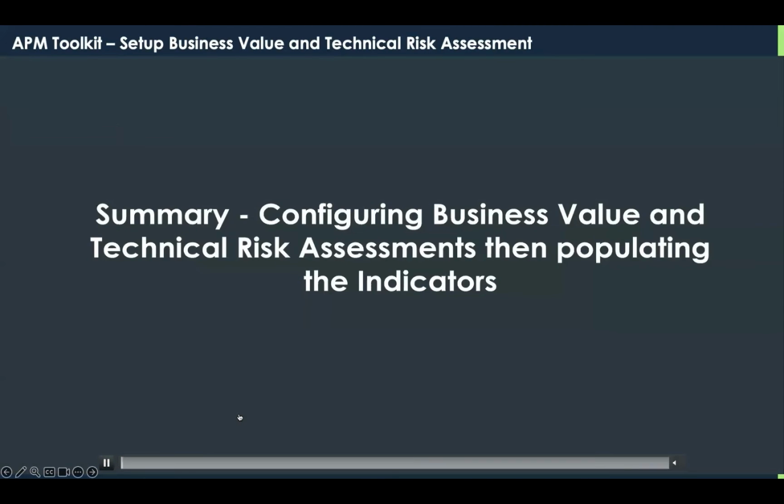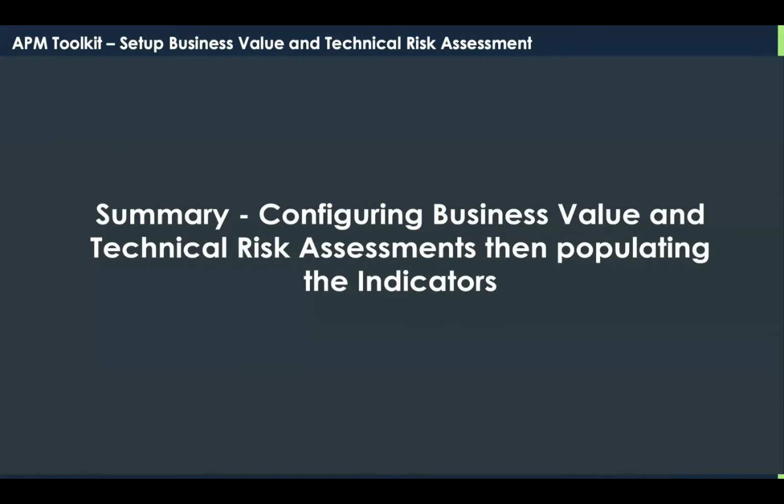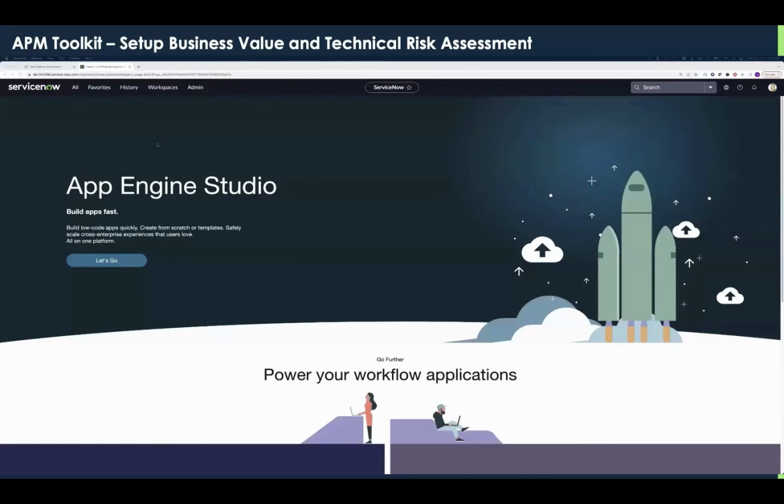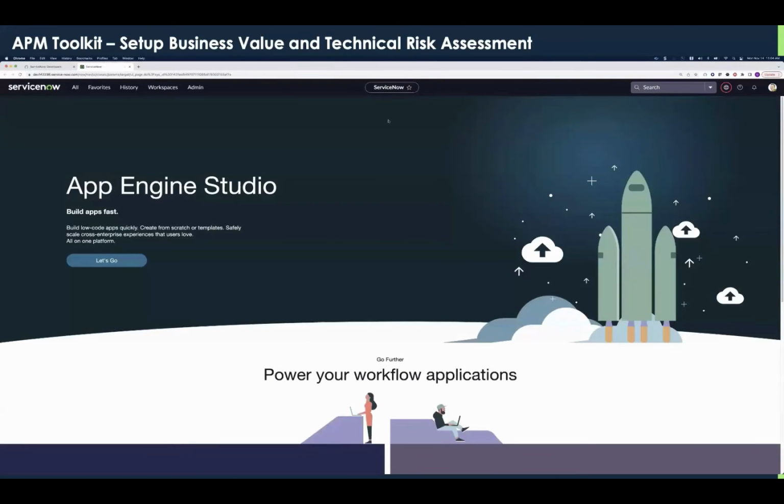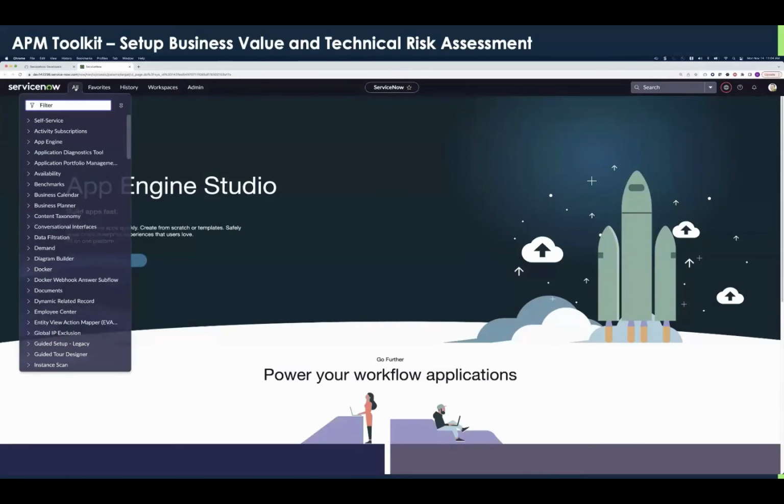So the out-of-the-box assessments have one question on them and it doesn't do much. It's meant to be configured. On your toolkit, you'll find a paper that gives you some suggestions for questions to ask for business value and technical risk. So we're going to demonstrate how you can update those assessments.